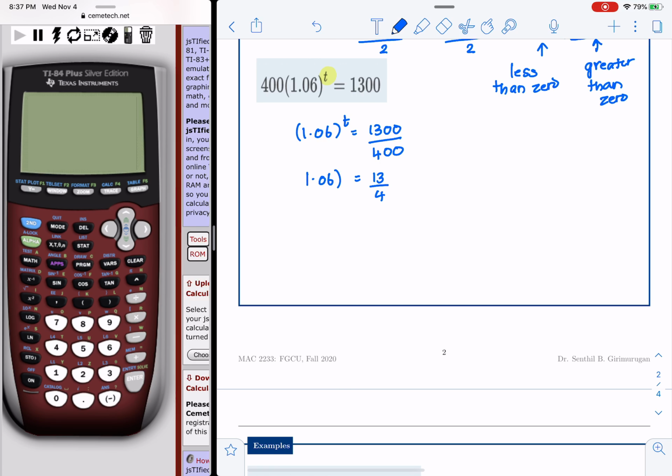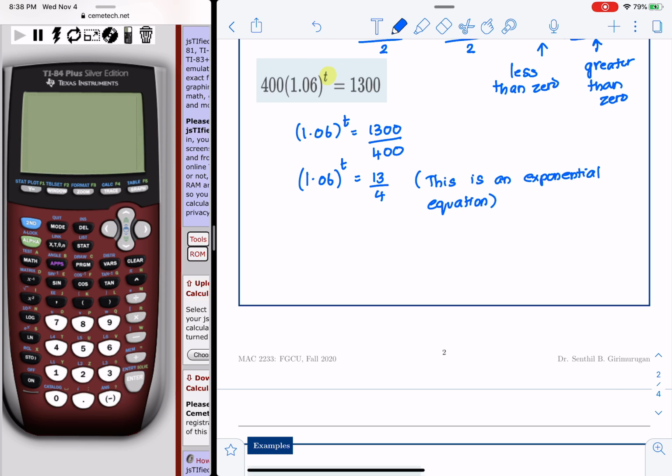But if you look at this equation carefully, this is not a logarithmic equation. This is actually an exponential equation. And typically we can solve it by taking the natural logarithm on both sides.